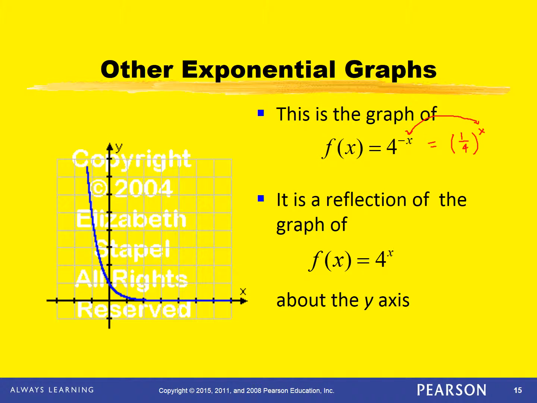And so 4 to the x would have a graph like this. It would go through (0, 1), and it would go through the point (1, 4), and it would go through the point (2, 16). Okay? And it has an asymptote out to the x-axis over on the left.